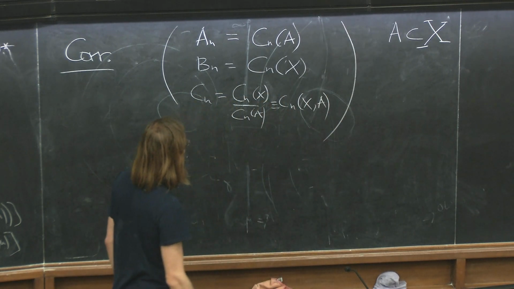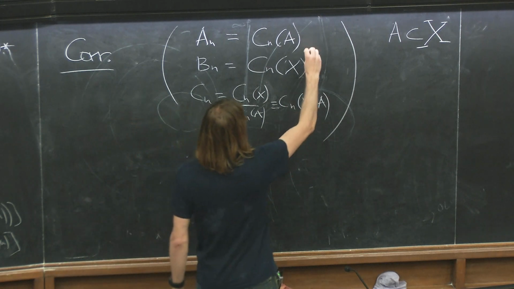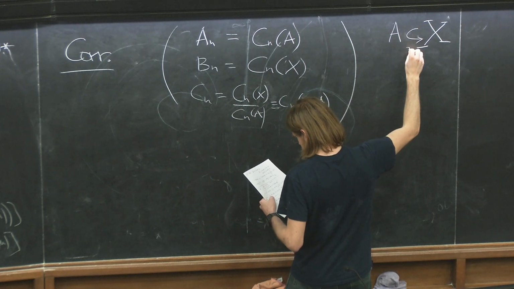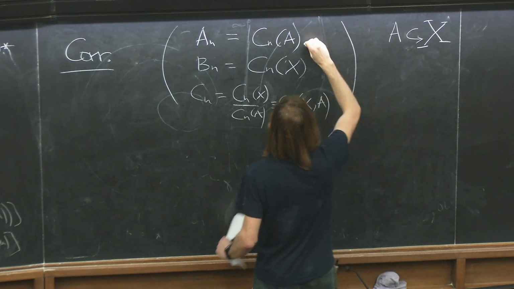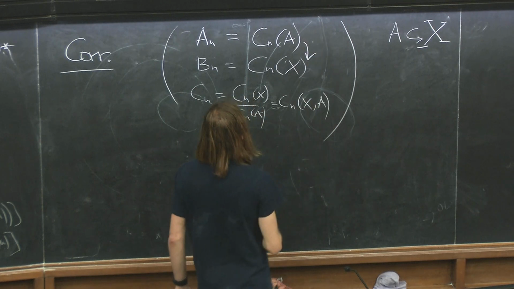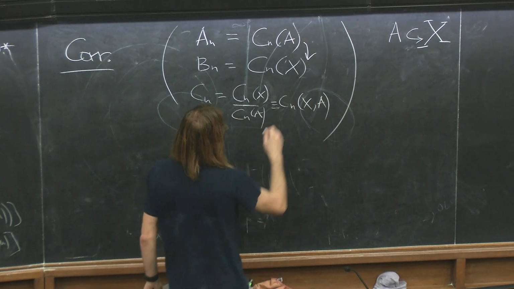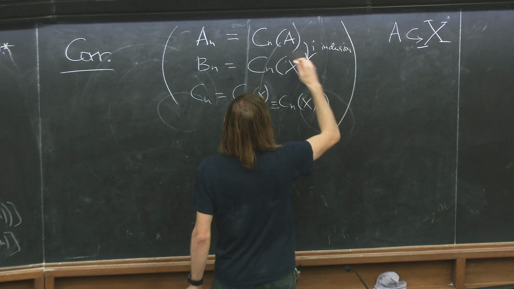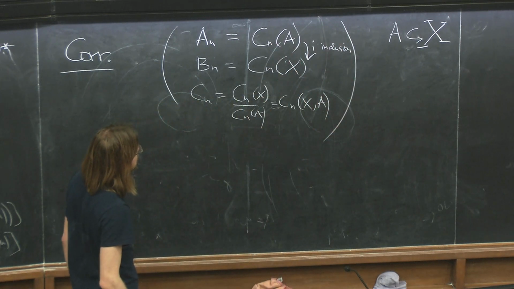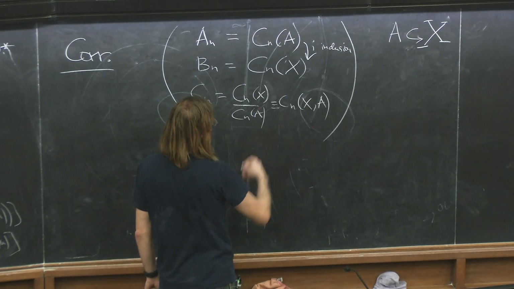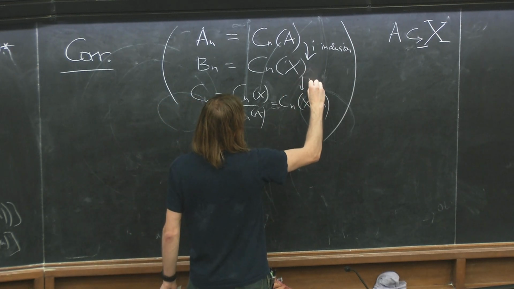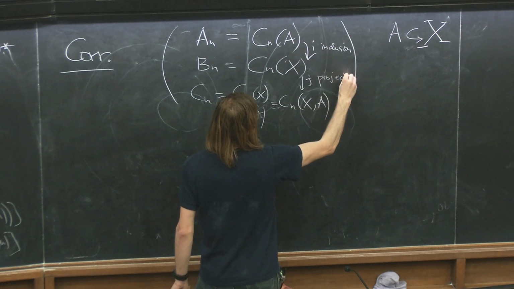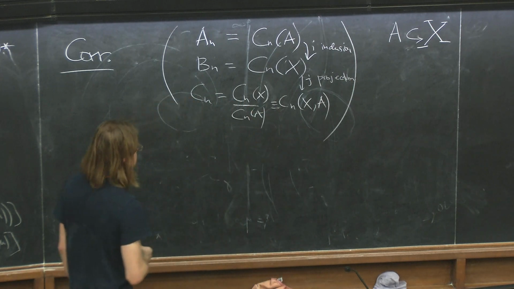And we have the maps here. In this case, the map I is the canonical inclusion of chains in the subspace A into X, and the canonical J will be our projection, the quotient map.